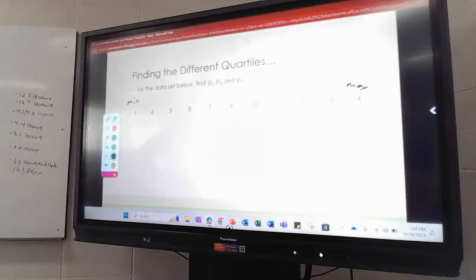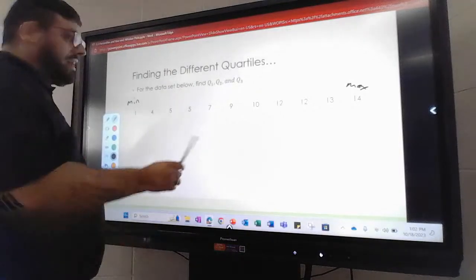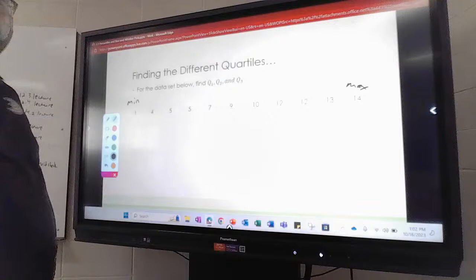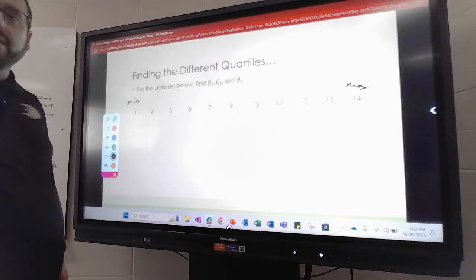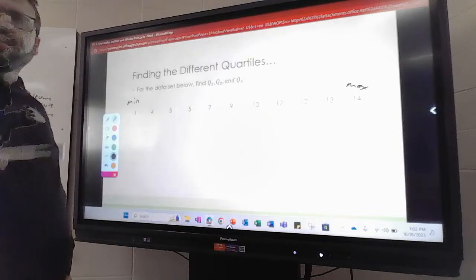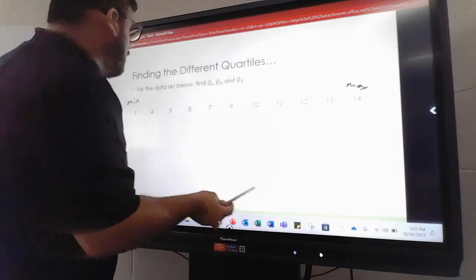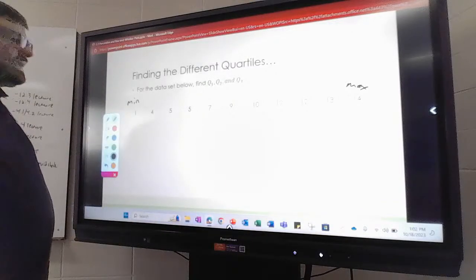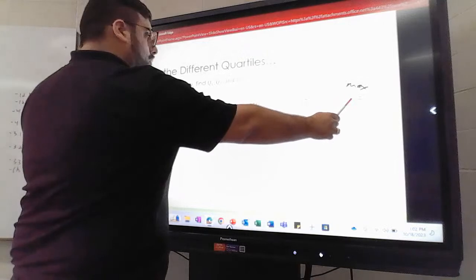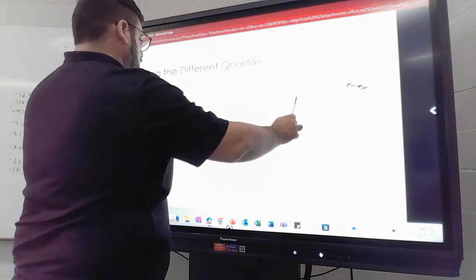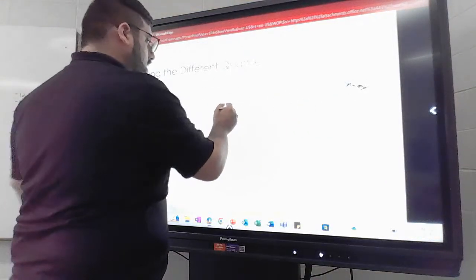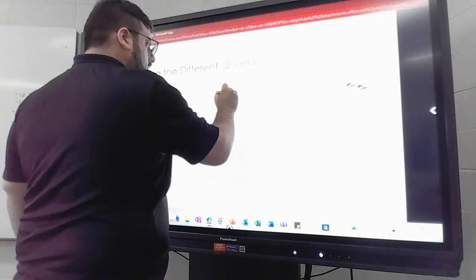That's a set with 11 values. That's an odd number. So because it has an odd number, it's going to be really easy to find the median. All right. So when we look for the median, we're just going to work our way down. And here we go. There's our second quartile.